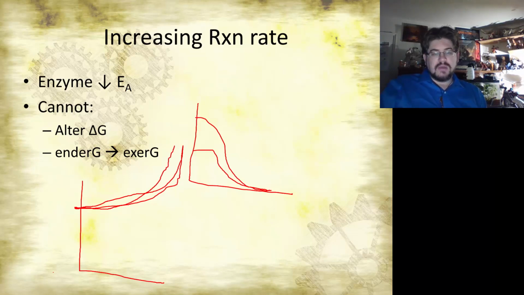And then over here, you have the same energy curve of putting energy into it. It doesn't change how much energy it costs to keep the reaction going to make the total molecule. It changes how much energy it requires to start the whole thing off.